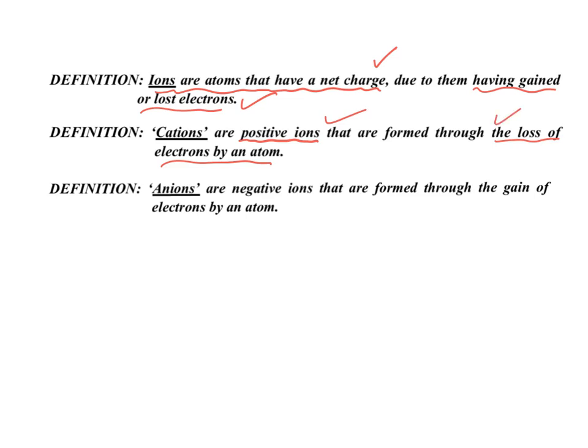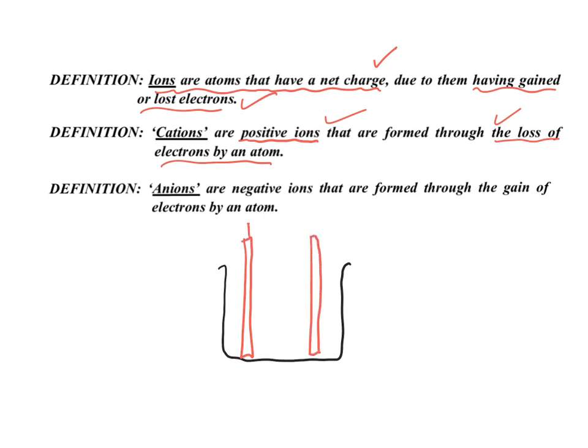So later on in the year, when we do electrochemistry and we have a beaker, and in that beaker we have carbon electrodes which we charge with an external battery, so that this is positive and that is negative, because carbon graphite is a conductor, and we put in a salt solution, like for instance table salt.